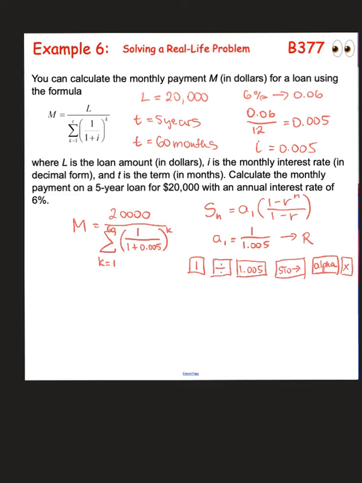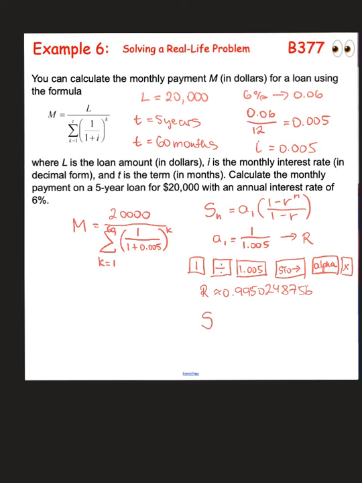When you punch these buttons into your calculator, you should be given a value for r which is approximately 0.9950248756. Because this decimal has a lot of digits in it, that's why we wanted to store it in the calculator for r.